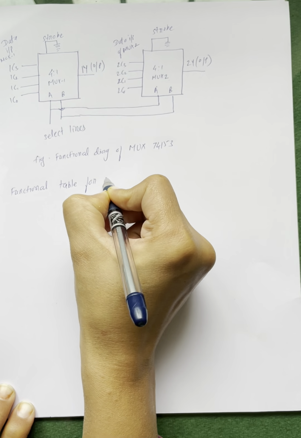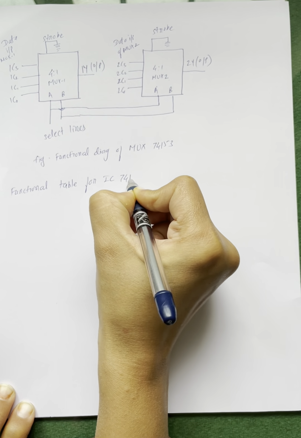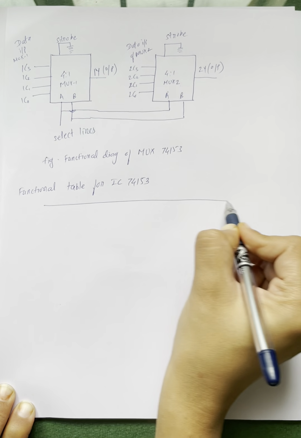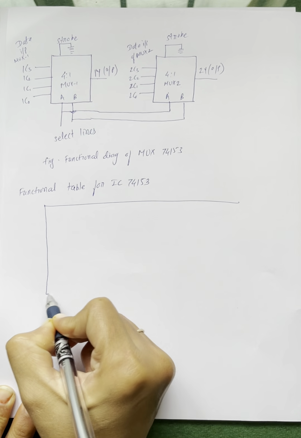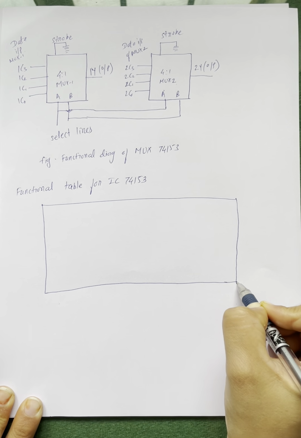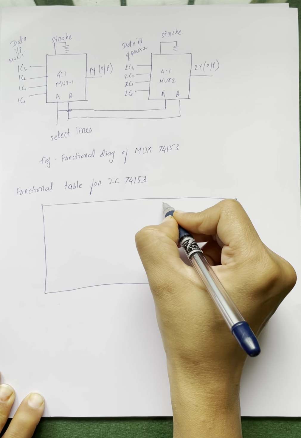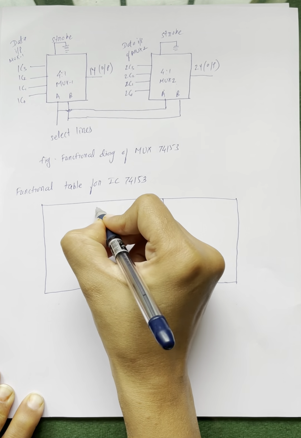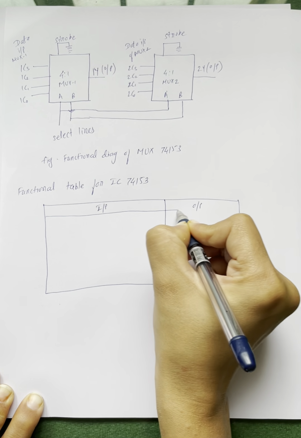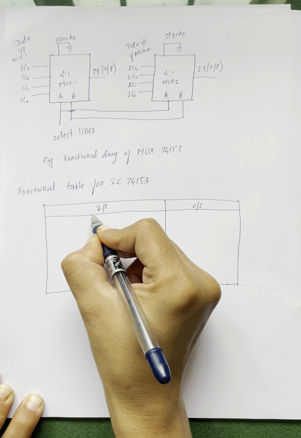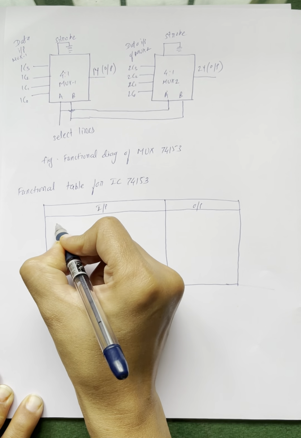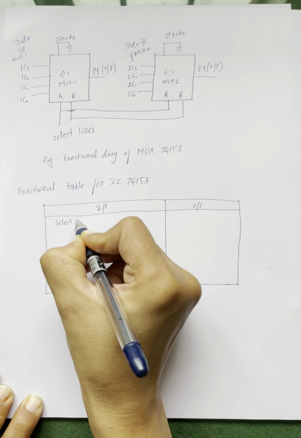for IC 74153. So here again, for drawing that we'll require two sections, mainly input and another one is output. The input section has two parts, that is select inputs.